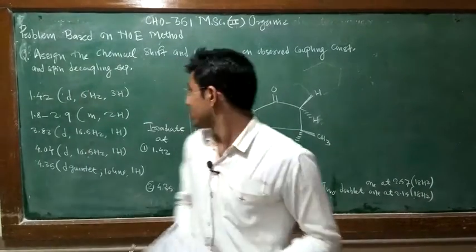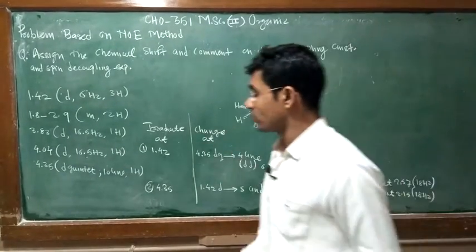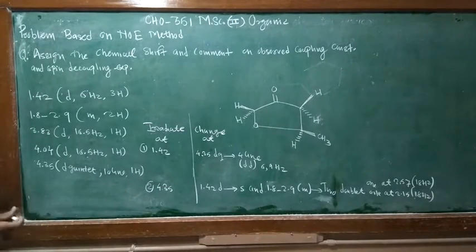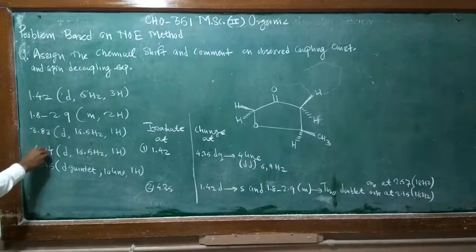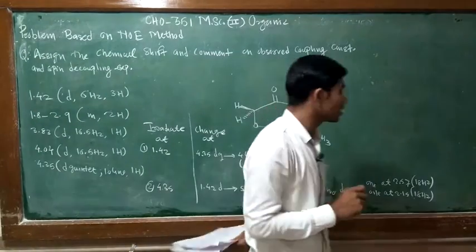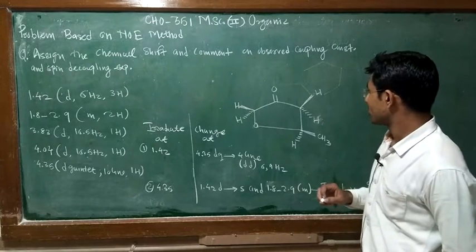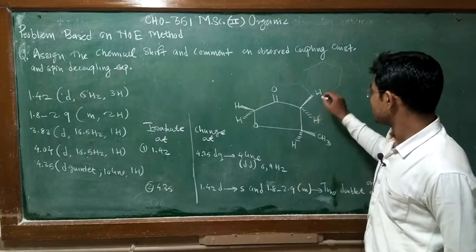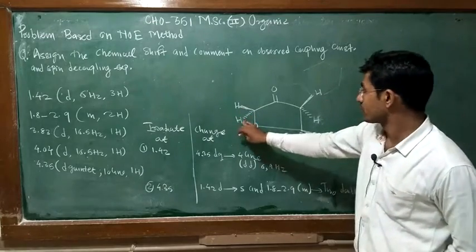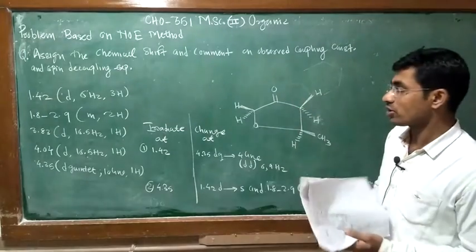So over this structure you have to assign the chemical shift value. This chemical shift value is given here. If you count the number of signals here: 1, 2, 3, 4, 5. And if you count the number of types of protons here, these two protons, and also this one, each proton shows a different signal.